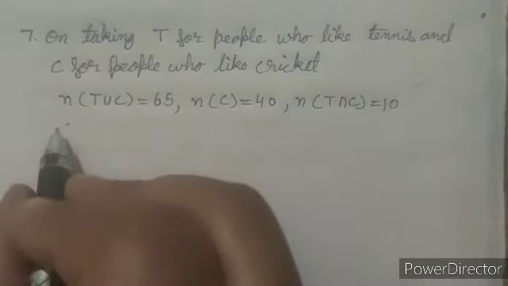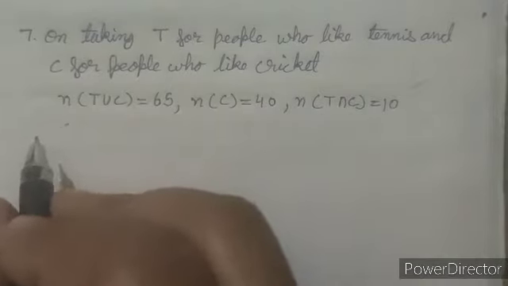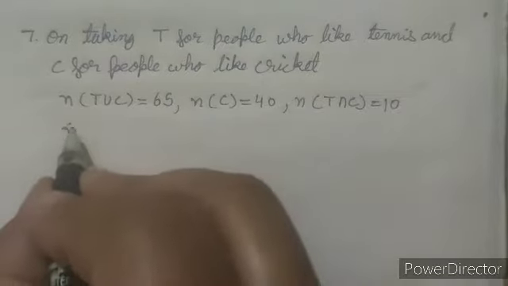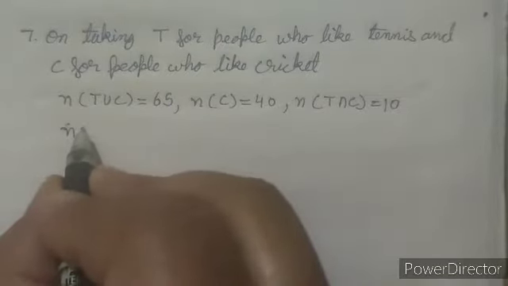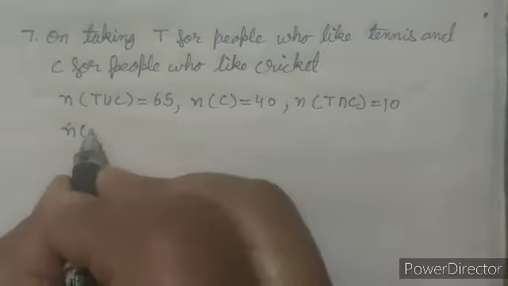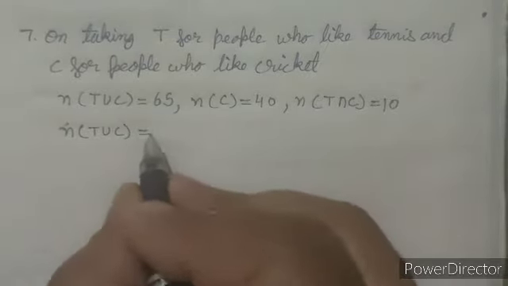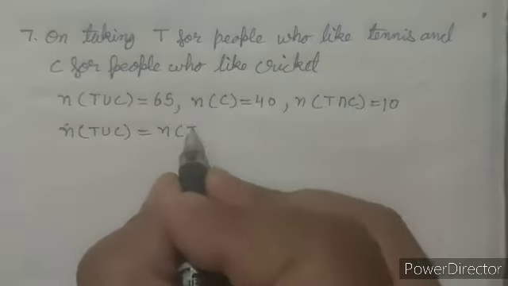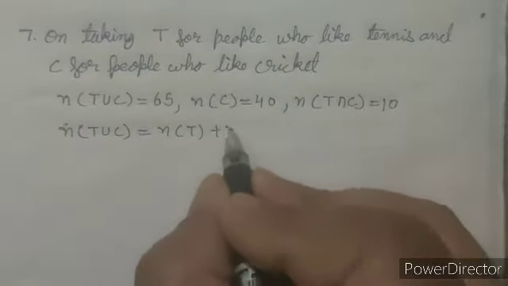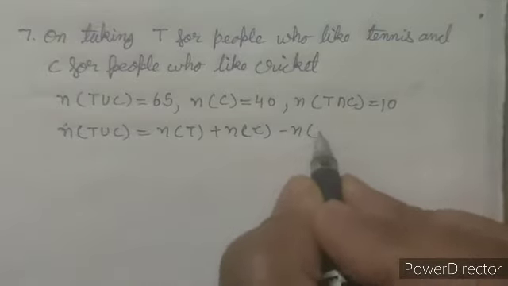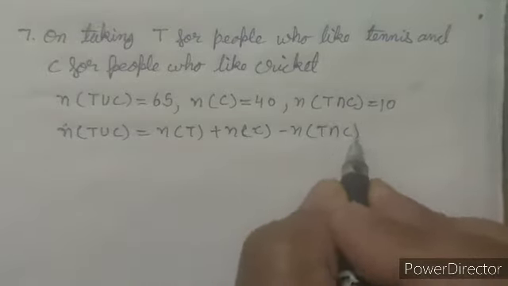Now we have to find out the number of people who like tennis only and the number of people who like tennis. Here, first of all, we'll find out the number of people who like tennis by applying the formula n(T union C) equal to n(T) plus n(C) minus n(T intersection C).